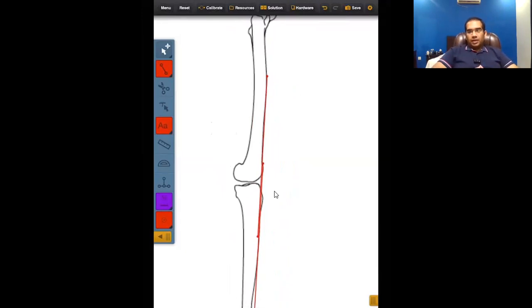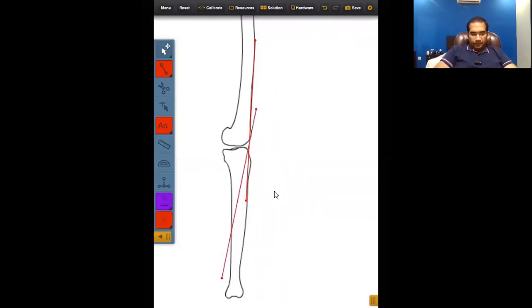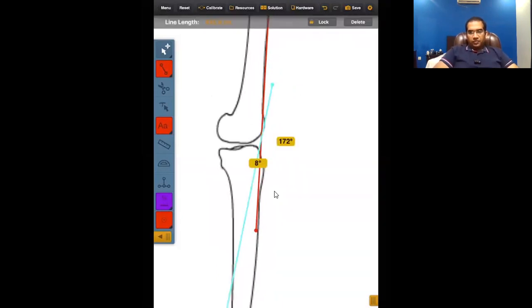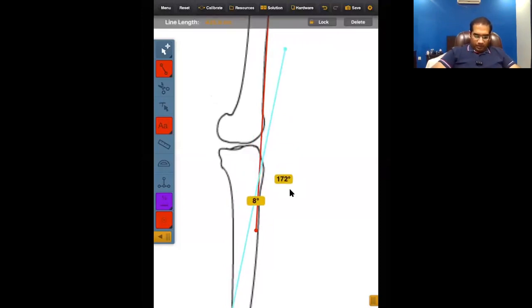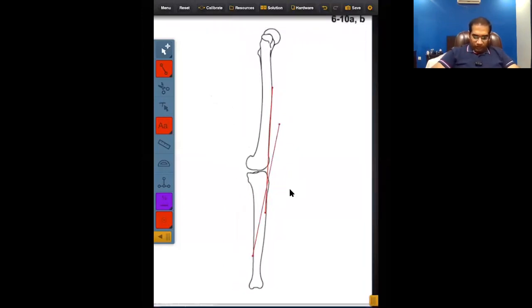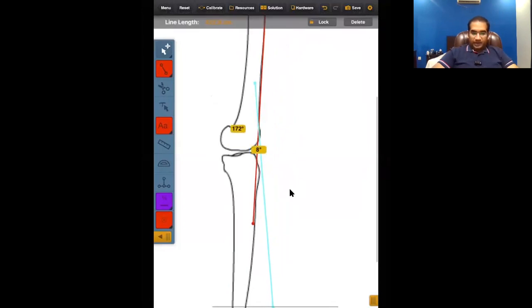If this line comes like this, this angle will be the amount of flexion contracture. And if this line moves to here, this will tell me hyperextension.